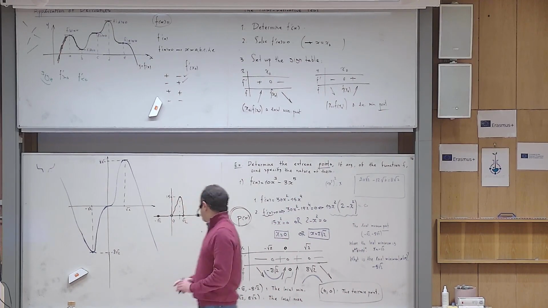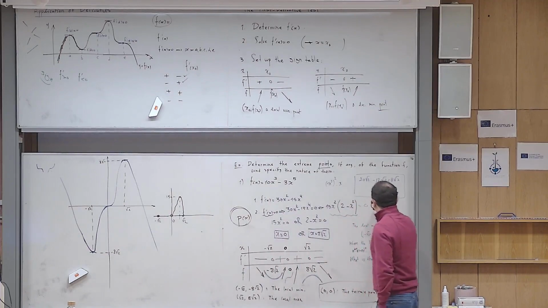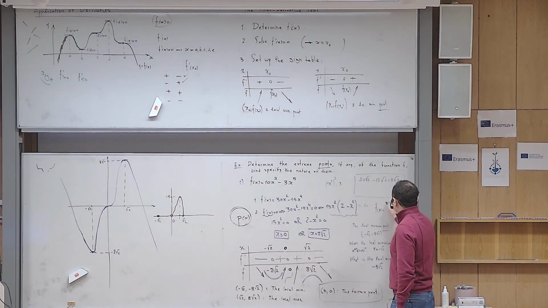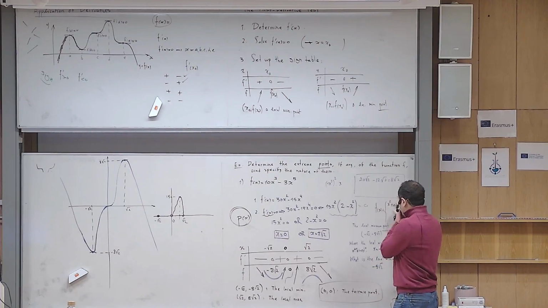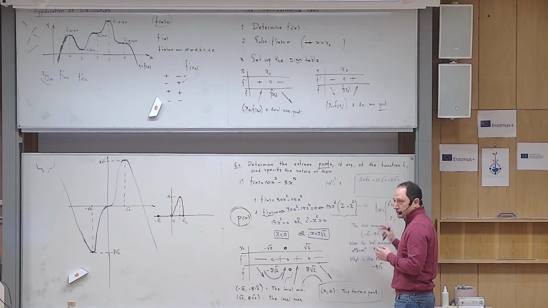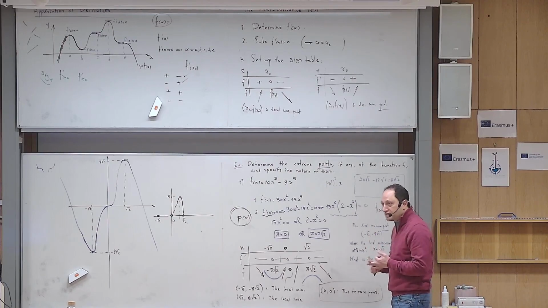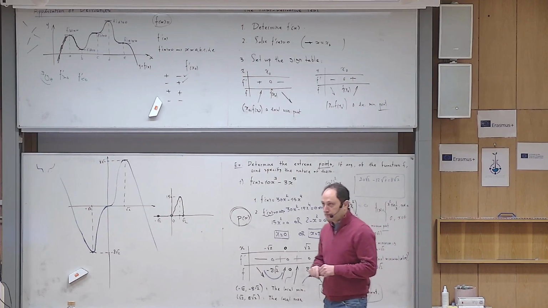The famous example is this example. This function: x squared times sine of 1 over x if x is not 0, and 0 if x is 0. Okay? This function is continuous, differentiable, but its derivative becomes discontinuous.